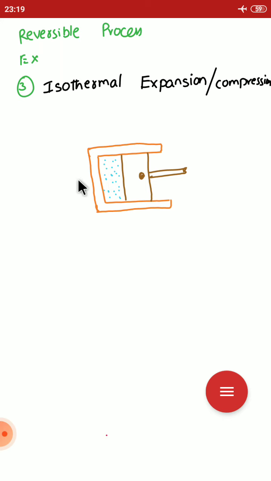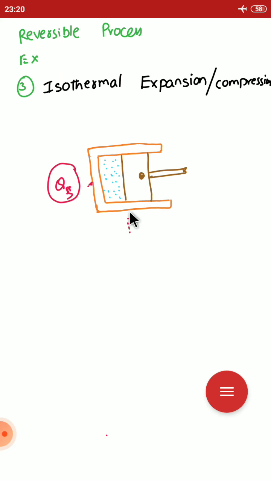First, if you bring the heat source closer to the piston cylinder arrangement, due to the heat supply inside the cylinder, the molecules get excited and expand by a small amount.